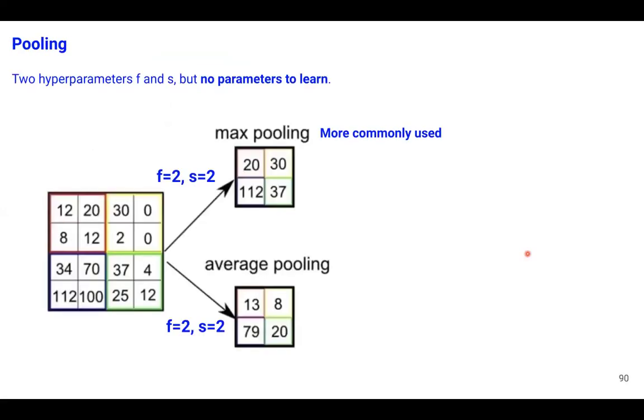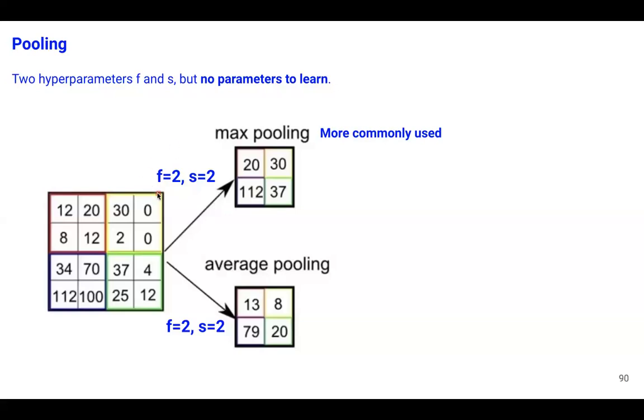About pooling, this is a way to again shrink the dimension. A pooling layer has 2 hyperparameters, F, which is the filter size, and S, which is the stride, but it has no parameters to learn. That is a good thing. Let's say you have this input image and you are using filter size 2 and stride 2.